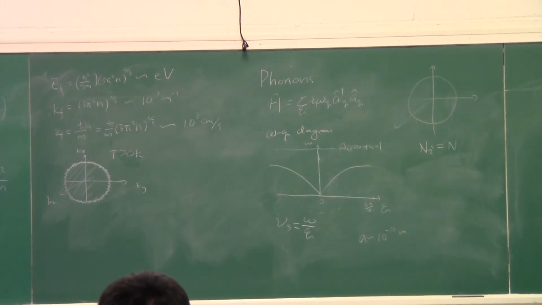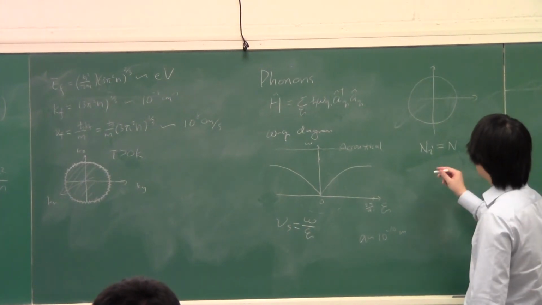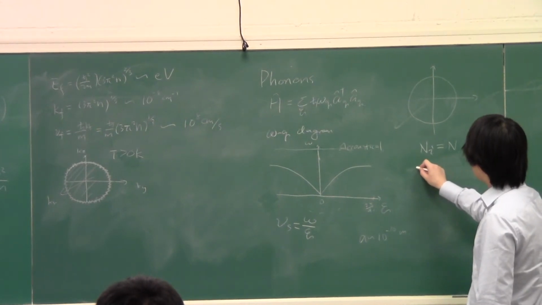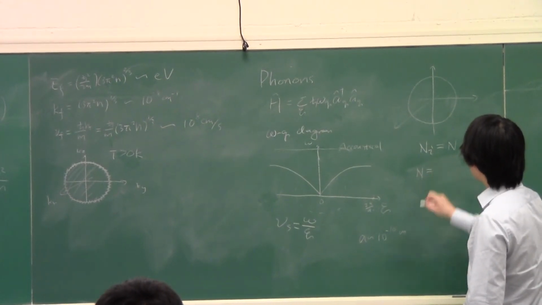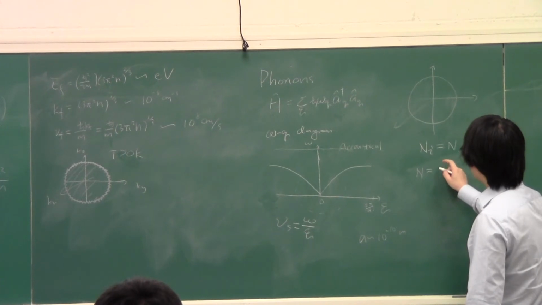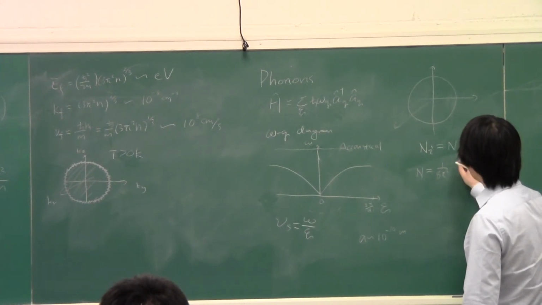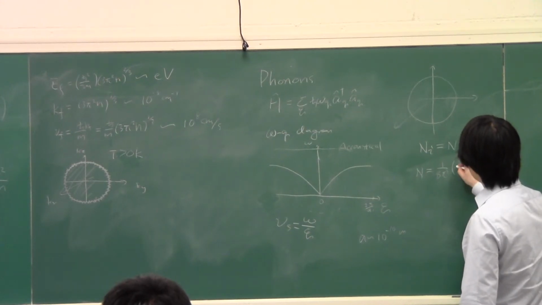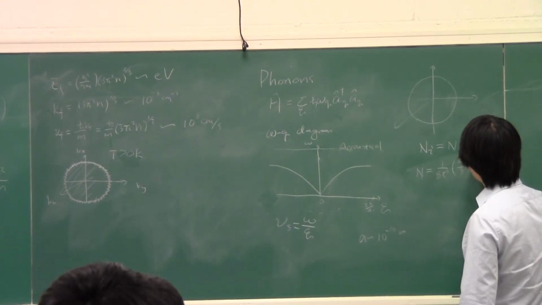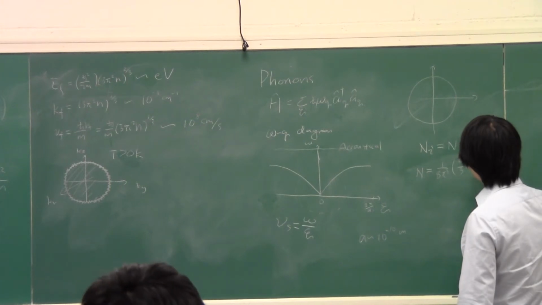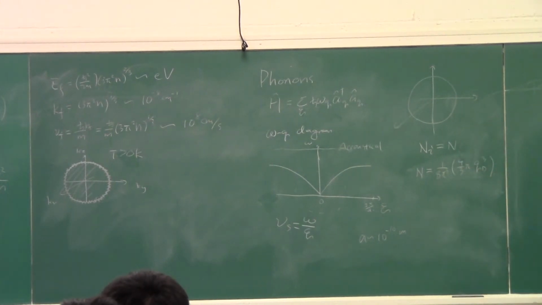Okay, so we can relate this simply by writing N is equal to 1 over 8 pi Q. Why is this?